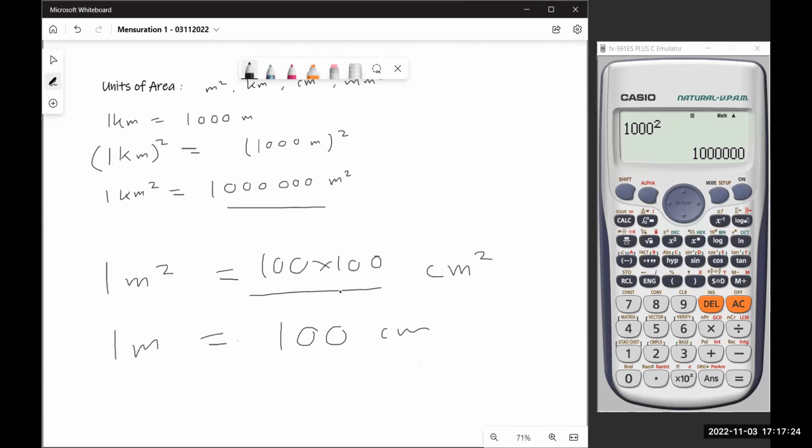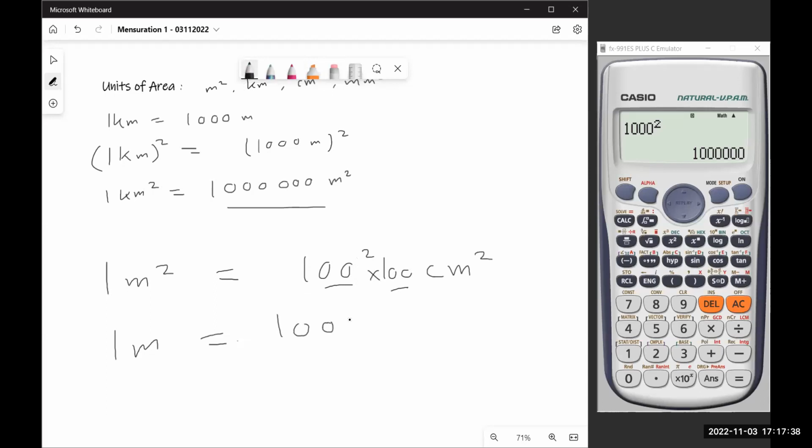Is that clear? Yes. Which is 100 square basically. Which is how much? 2 zeros, you're squaring it, 100 into 100, you get 4 zeros. 1, 2, 3, 4 cm. I hope that makes sense. Now you don't have to memorize any of the area, right?